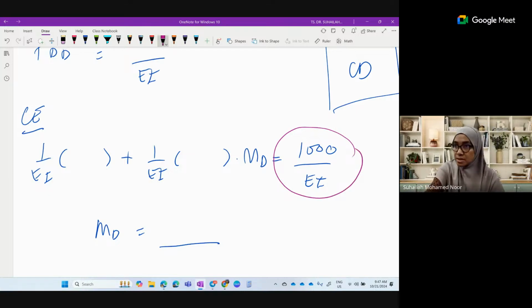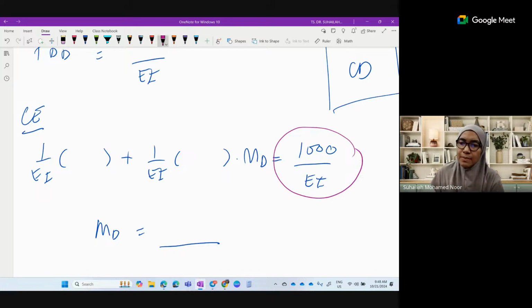That's the difference. Support settlement is a favorite question, so it is compulsory for you to know. Don't create other things, it only goes into the compatibility equation. Make sure you put it in the right place.